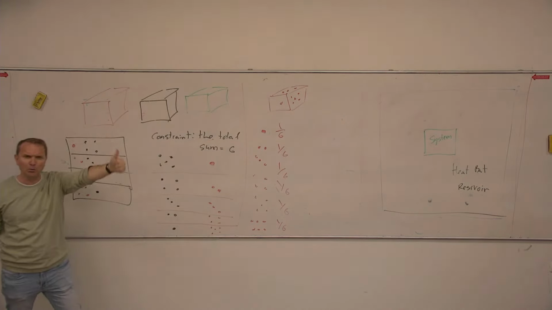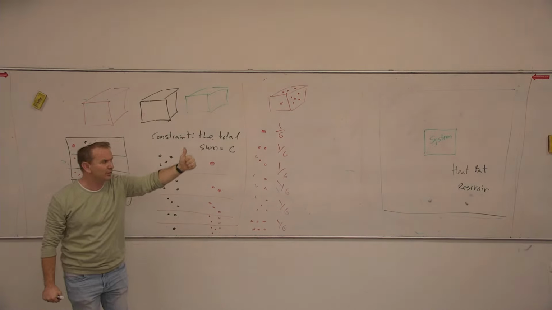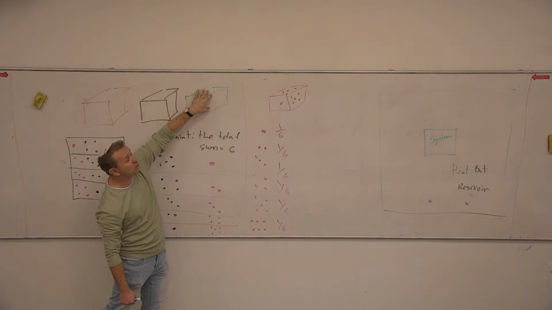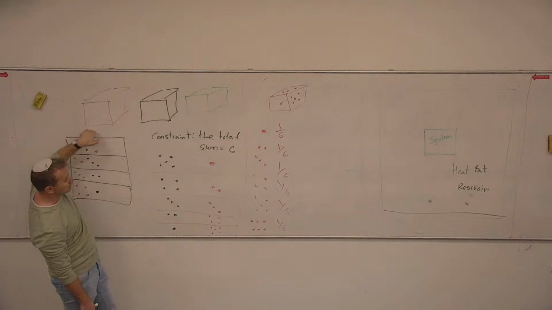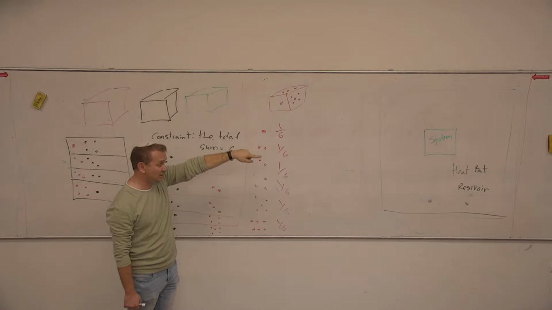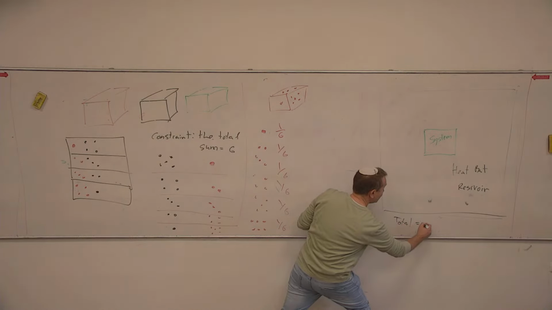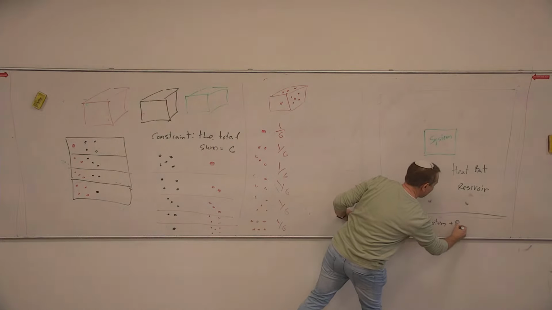So this is the global constraint that you're using, like in the microcanonical ensemble. You're saying the energy is something. Over here I'm doing exactly the same thing. The energy, not of my green dice, is something. The energy of the whole system, which is my system plus reservoir, total system plus reservoir.